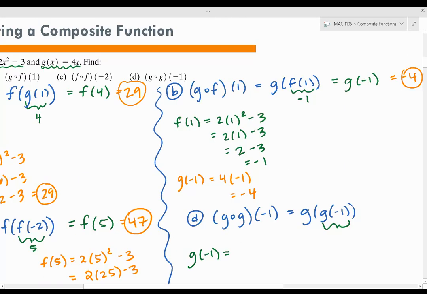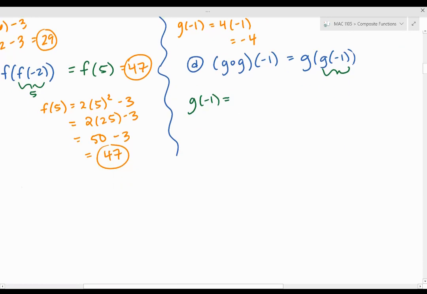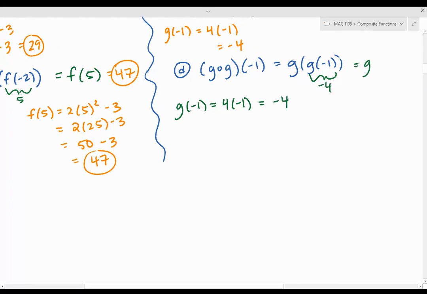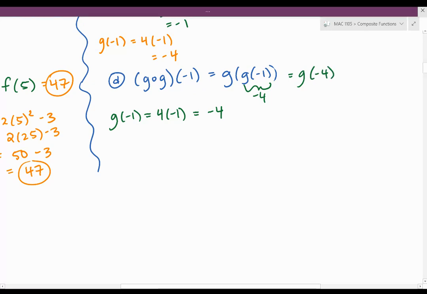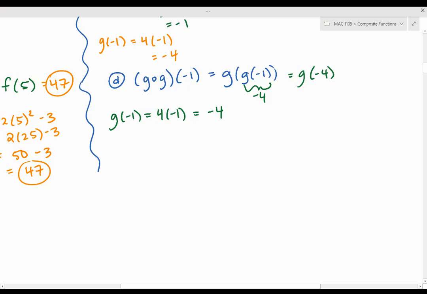Our g function was 4 times x. So I'm going to do 4 times negative 1, which is negative 4. Now I need to do g of negative 4, which is 4 times negative 4, which is negative 16.